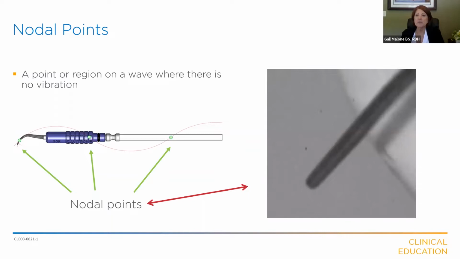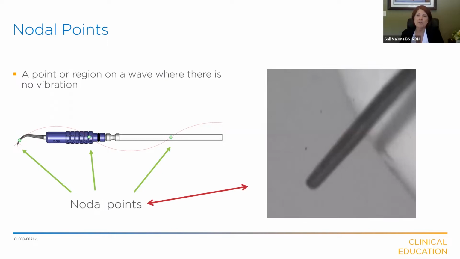There's also a nodal point in the middle. If you see that green dot at the middle arrow, we use that nodal point to actually hold the grip onto the insert so that it doesn't rotate or move when it's in place. And then finally, we have the most important nodal point, and that's the one that's towards the very end of the insert.